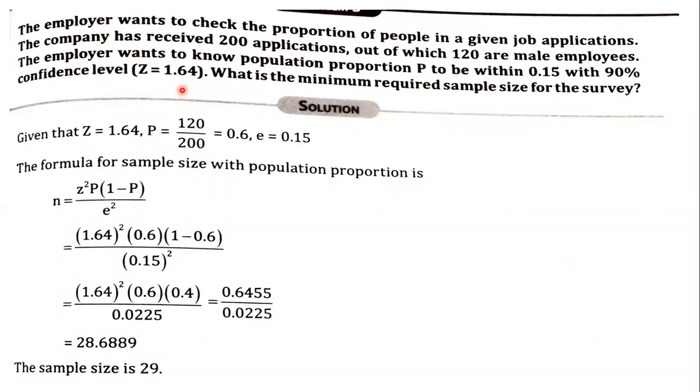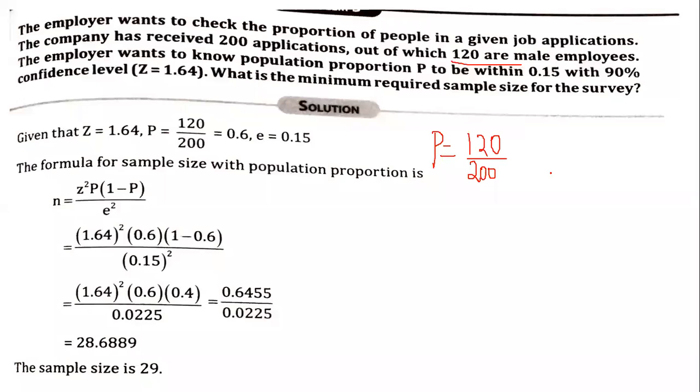So the Z value is given. There are 90% and 95% tables where you will find the Z value. So the Z value is 1.64, and the population proportion P. Now let us see how to calculate P. From the question, we know that 120 are male employees out of 200 people.